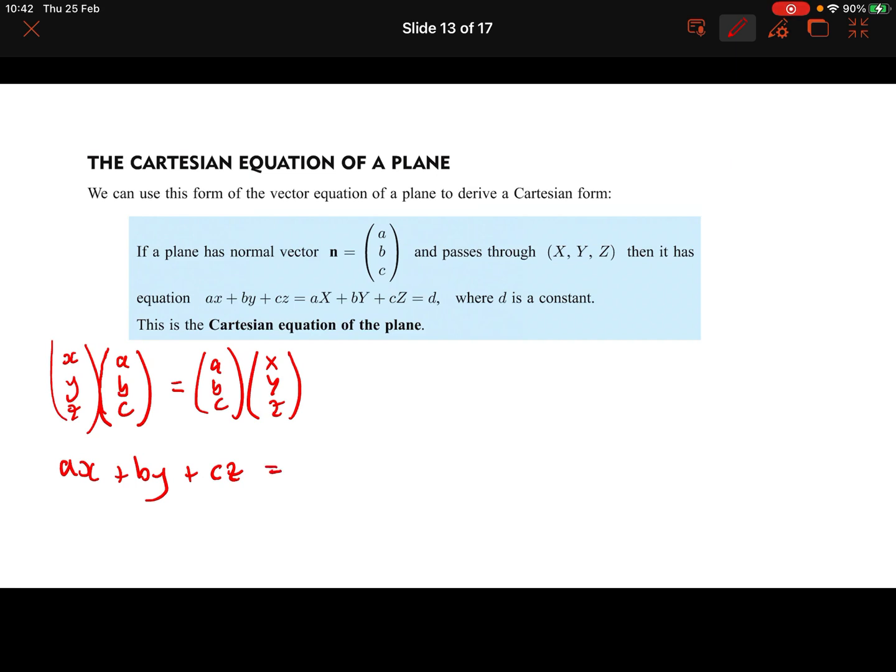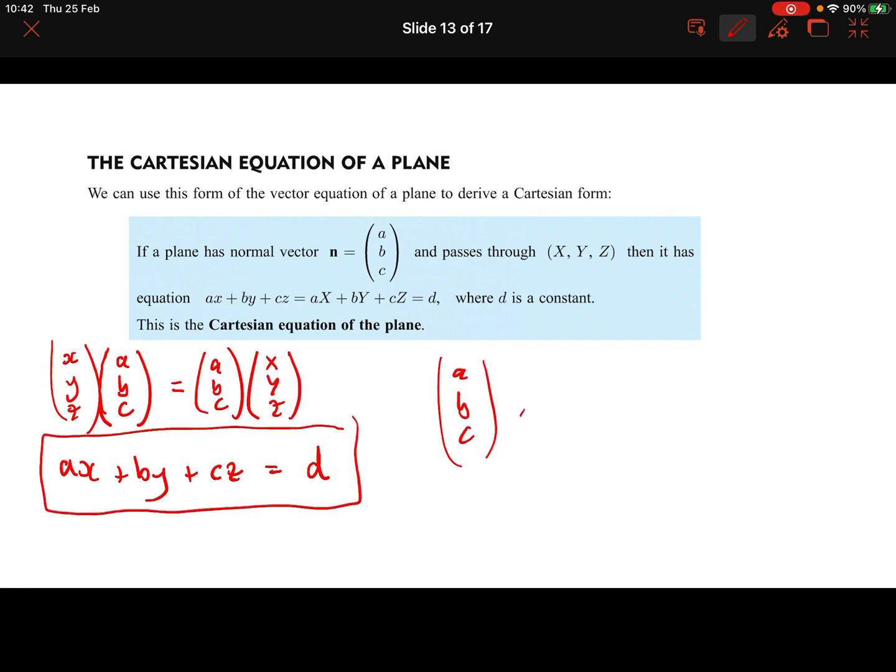And on the right-hand side, you do the dot product, but it's just going to give you some number. We'll call that number D. So this is the Cartesian equation of a plane, and it can be found most easily by using the normal equation of a plane. So when you look at the Cartesian equation of a plane, A, B, C is a normal vector to the plane.